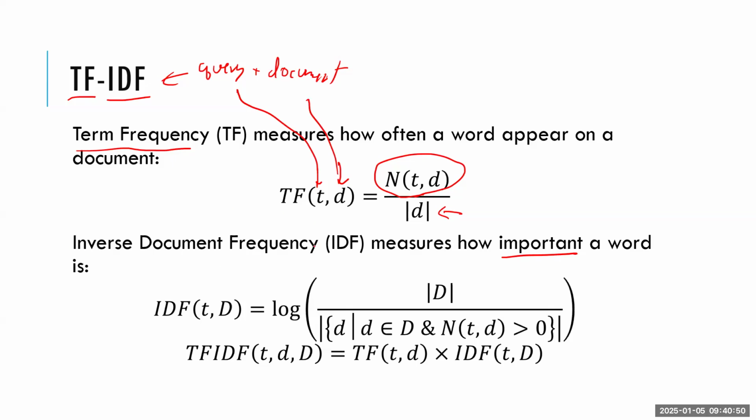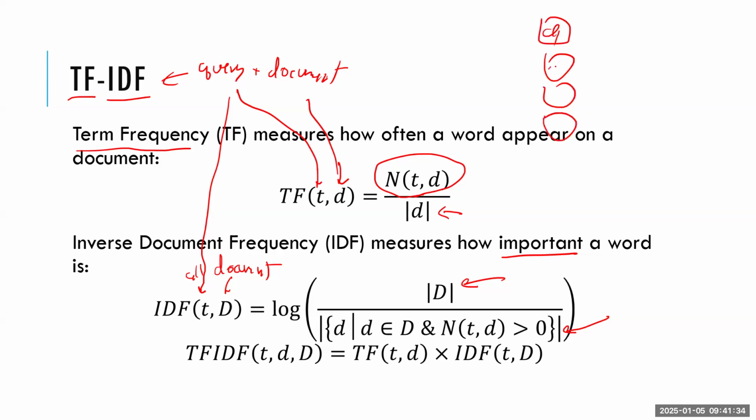And this particular score is defined on the keyword, on the term from the query, and this will count all documents. Basically, this one is the number of all the documents. The bottom is the number of documents that this word appears in.